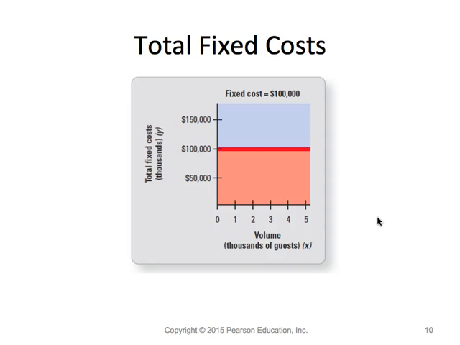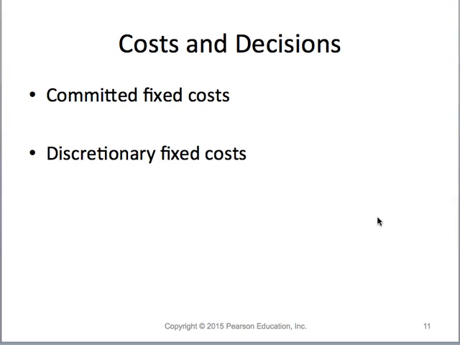Okay, so let's go on. Cost decisions. There are two different types of fixed costs here. One is committed fixed cost. Those are fixed costs that the company is locked into because of previous management. And discretionary fixed costs, such as advertisement expenses.